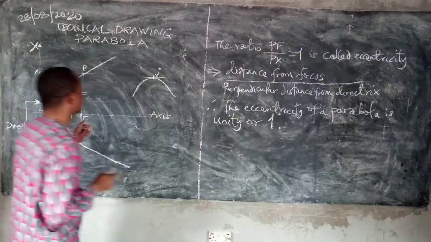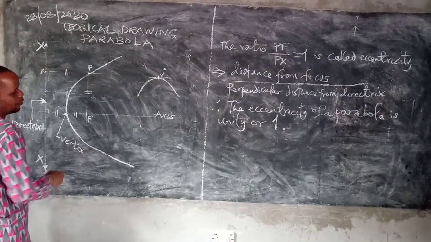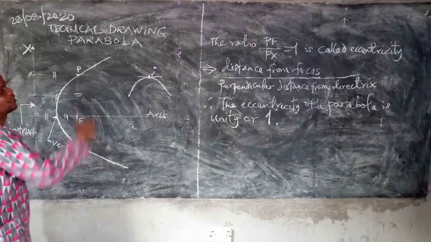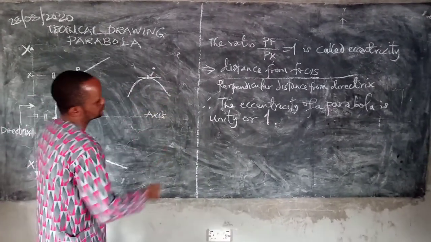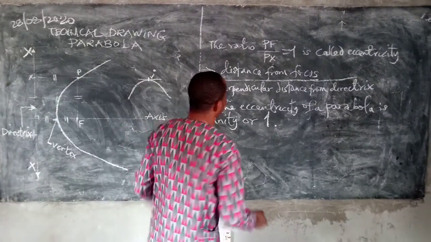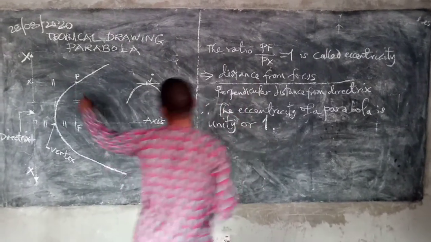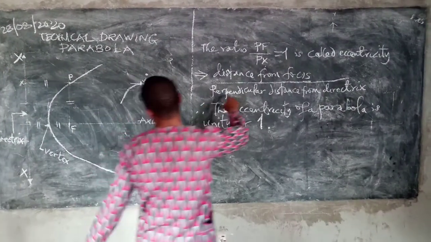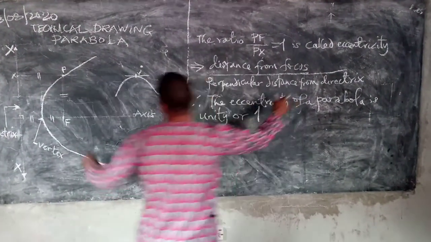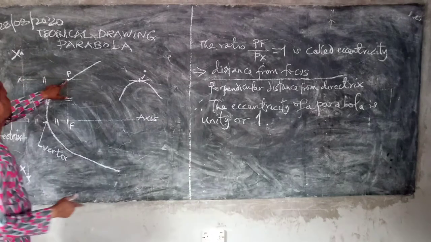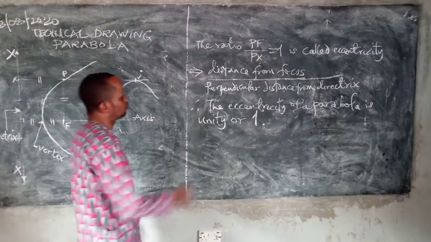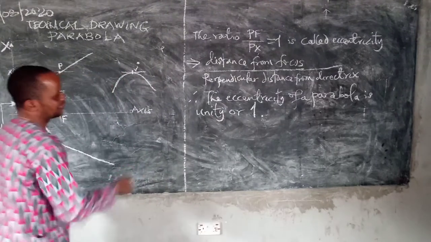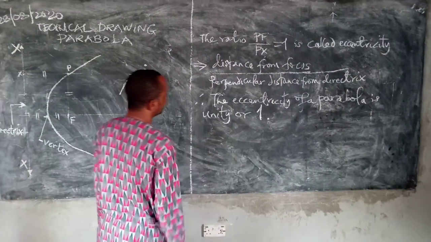Don't forget that the eccentricity of the one we considered before now, which is the ellipse, is less than 1. So it implies that the distance from the focus to that point divided by the perpendicular distance from the directrix to that point equals 1, and that is the eccentricity we are talking about. We either say it is 1 or unity.